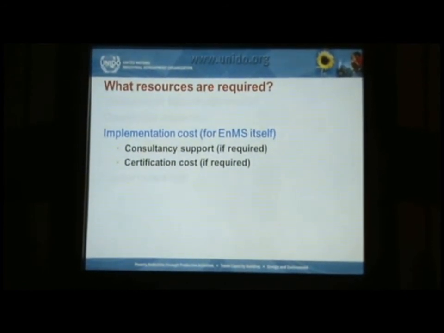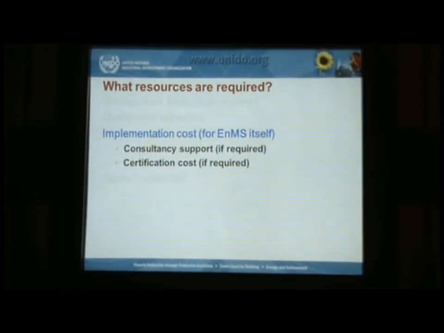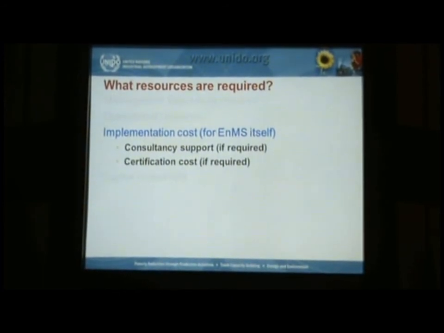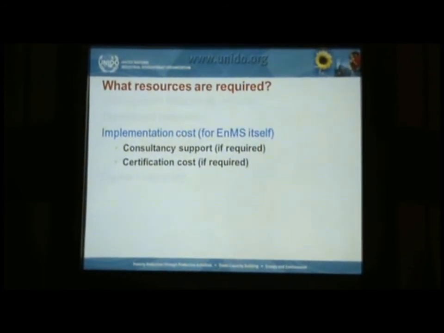But if you comply and you are happy with it, you find that there is an improvement in your bottom line or your energy performance indicators, then you carry on with it. But if you just want to go one step further, this certification is important for industries because later in future, if you want to be labeled as green, then you need this certification.